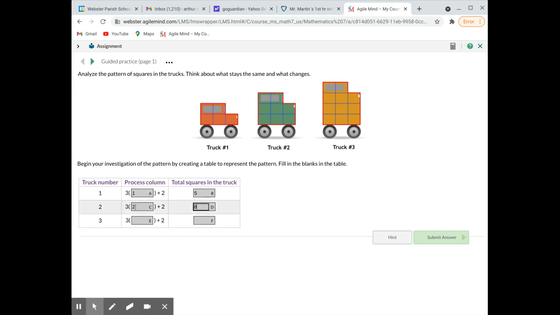So looking at what's happening here, it looks like we're always multiplying by what? The truck number. Good. So we're going to take 3 and multiply it by what number? 3. And then 3 times 3 is 9. Plus 2, 11. Are there 11 blocks in that truck? Yes, there are.